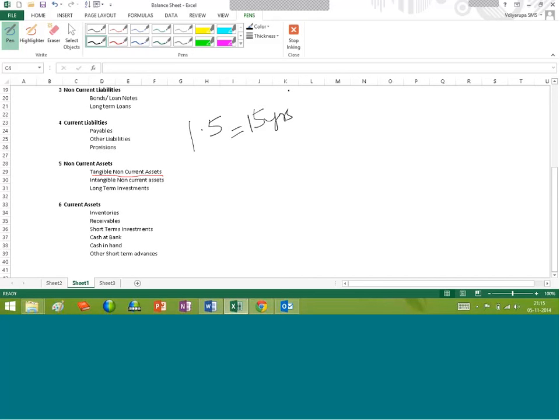That means every year the amount we can match with the revenue is 1.5 crores divided by 10, which is equal to 15 lakhs. If we split this over 15 years yearly, the expenditure is also supposed to be split yearly. Sorry, I made a mistake. It is not 10 years, it is 15 years.